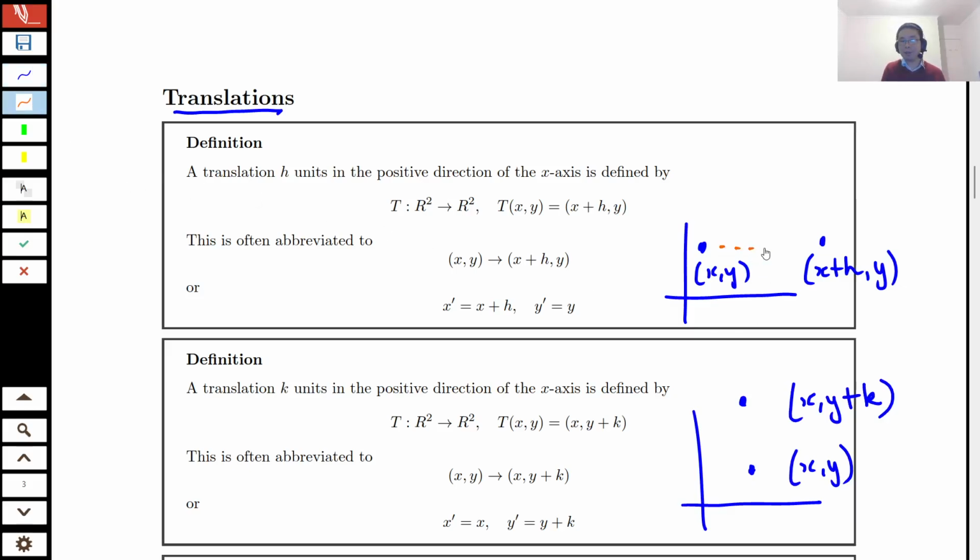Now the diagrams aren't super important, but I'm just drawing these to give you a sense of what's happening here. So if h is positive, the transformation is to the right.